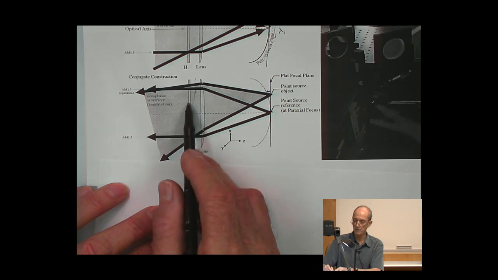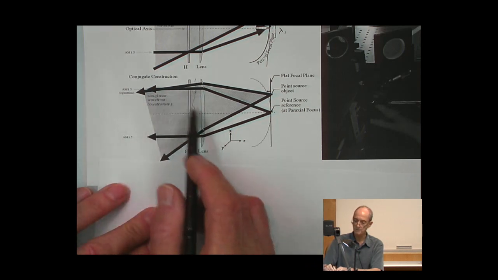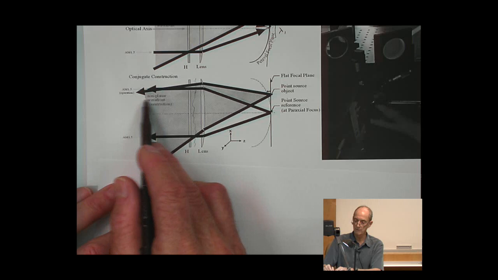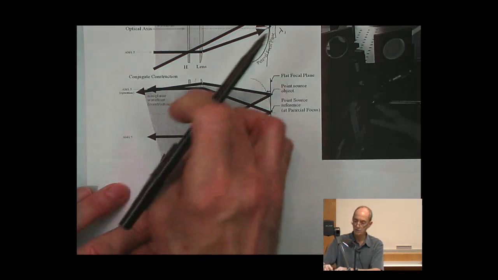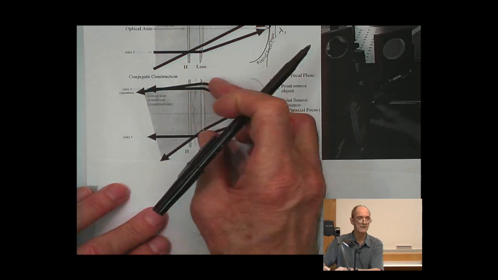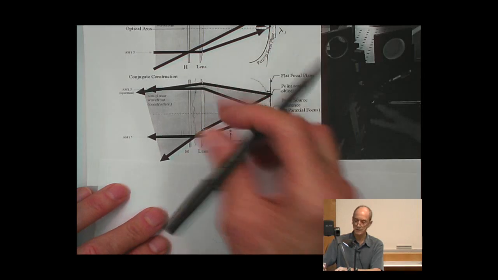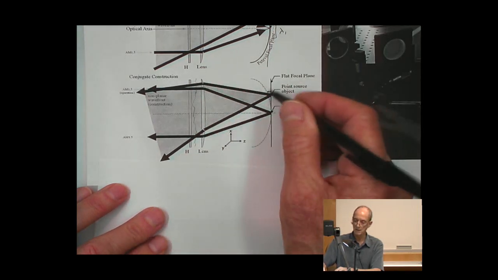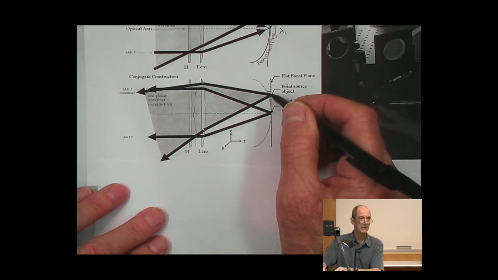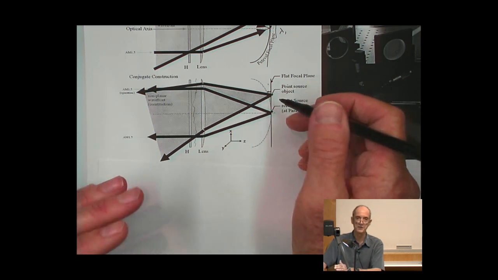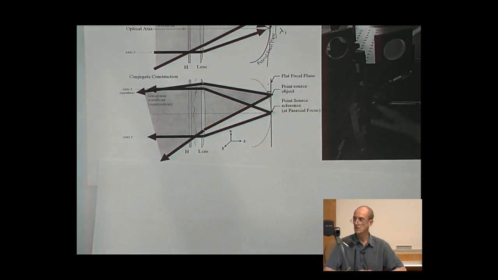When you record that and then reconstruct it with a beam that comes, again, left to right, you have this pre-aberration going into that lens, and it will come to focus on this plane. Sort of like magic, but it's called phase conjugation. So it's a pre-aberration.